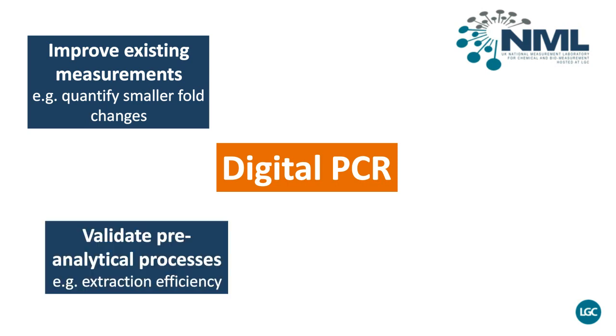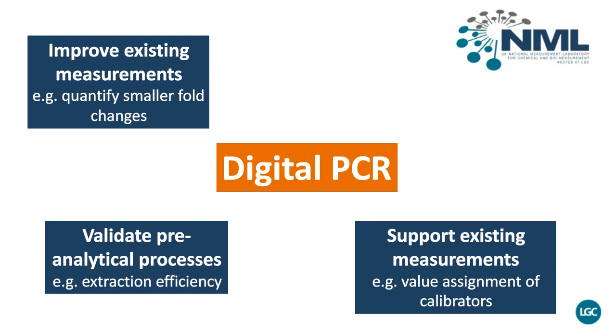We use digital PCR a lot in our lab to validate the pre-analytical processes. That is, we will use it to evaluate extraction efficiency. So look at different extraction kits or perhaps reverse transcription enzymes if we were looking at RNA. But we also use it to support existing measurements.